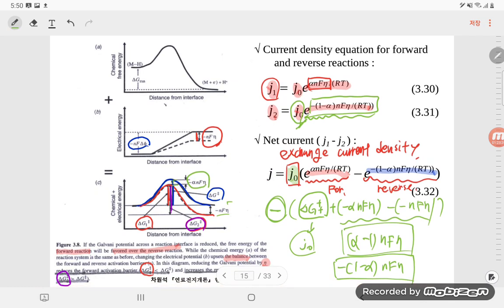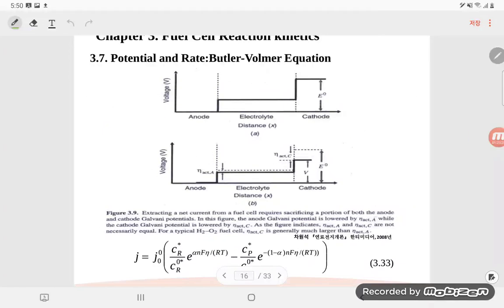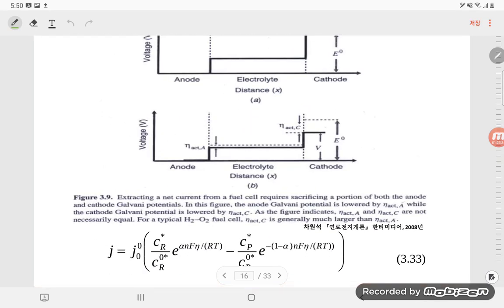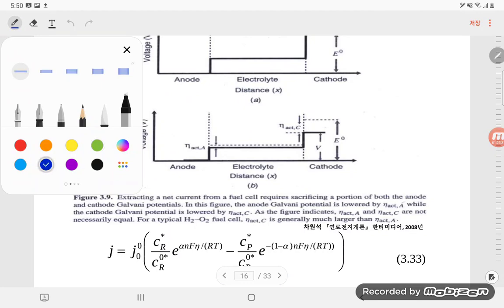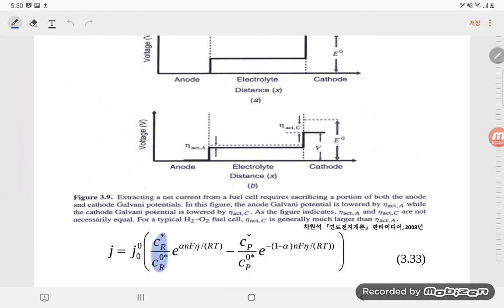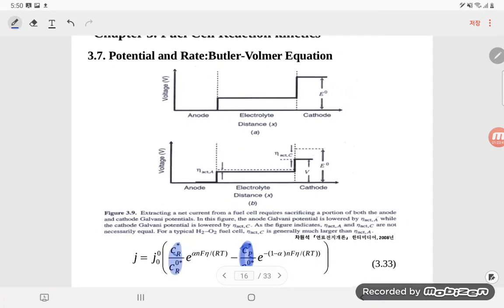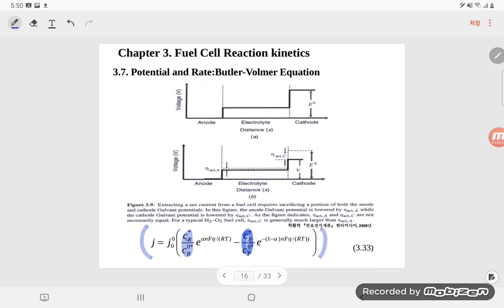So the exchange current density means the potential for extracting the current. That is the meaning of this one. And also in the Butler-Volmer equation, in addition to this equation, we also consider the concentration of each product and reactant here. So this is the final or general form of the Butler-Volmer equation, which expresses the kinetics and reaction rate for the chemical reaction.